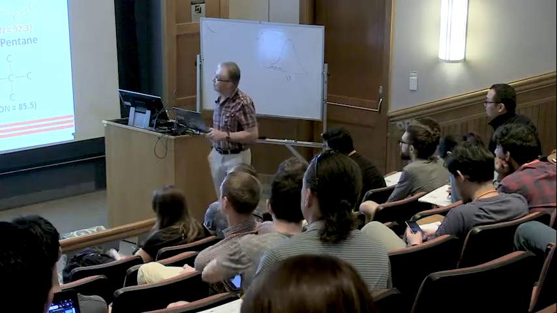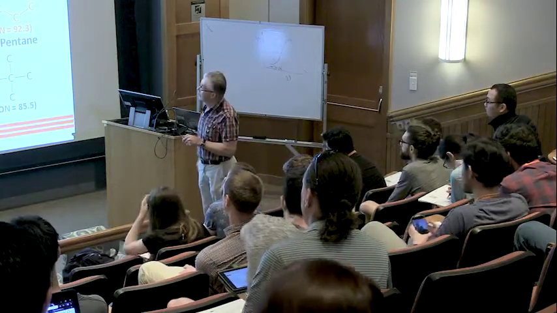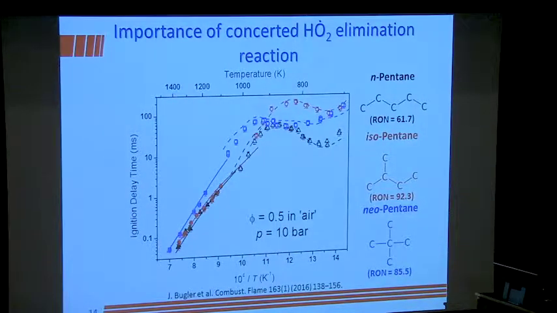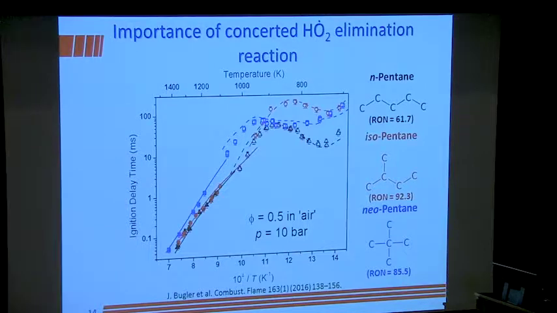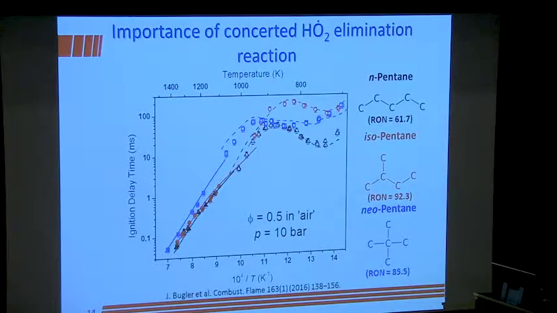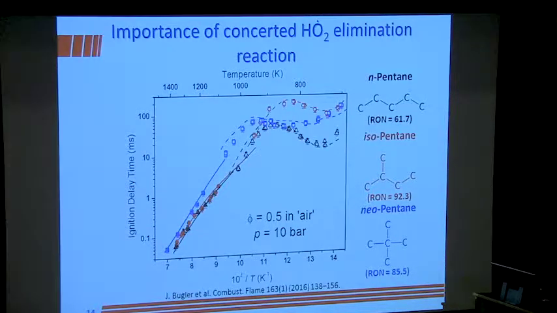And n-pentane and isopentane are pretty logical. Isopentane is quite a bit slower than n-pentane because of its branching, and I'll talk about that later. And then at intermediate and higher temperatures, both of the fuels are very similar in reactivity. It's only here at lower temperatures that there's a very big difference in reactivity.